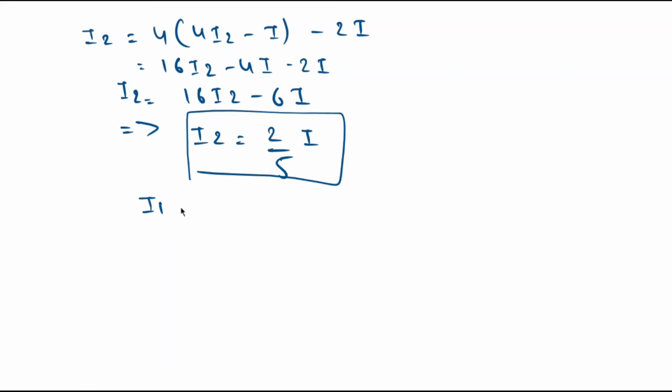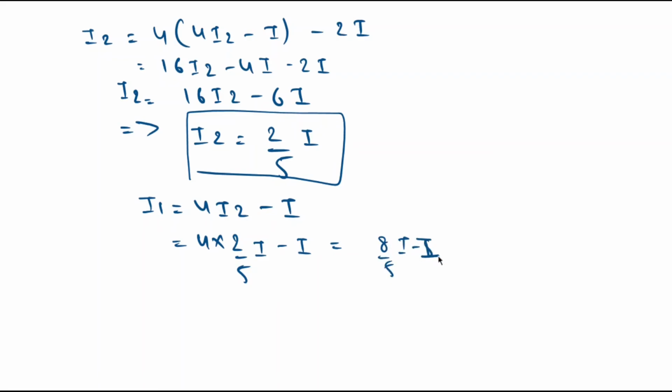So I1 was 4 I2 minus I, which will be 4 into 2 by 5 I minus I. Solving this, you will get 8 by 5 I minus I, which will be equal to 3I by 5. So I1 is 3 by 5 I.